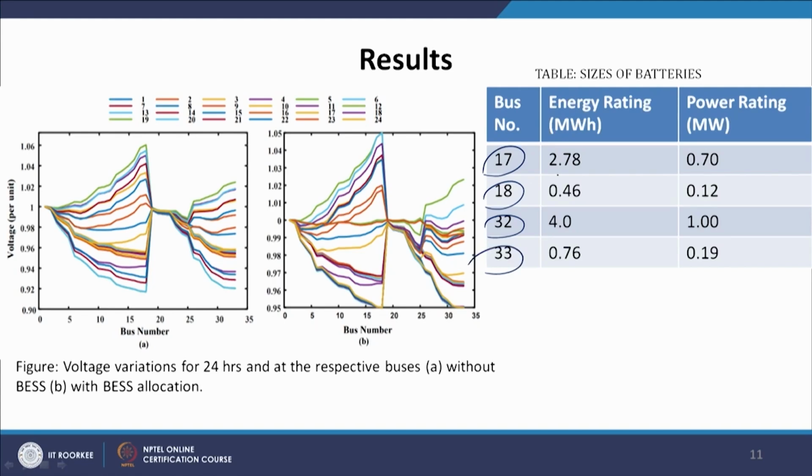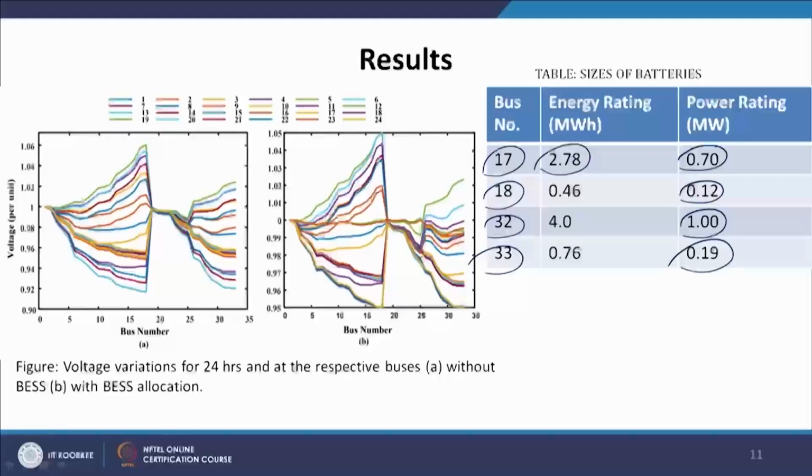So, we have found that batteries of 2.78, 0.46, 4.0, 0.76 megawatt hour, and the power rating of actually 0.7, 0.1 to 1.0, 0.19 can minimize my objective cost. That is how one has to identify. So, what you have done actually, perhaps you got a bit of the locations, and this is my siting and this is my sizing, which can help me to minimize the objective function.